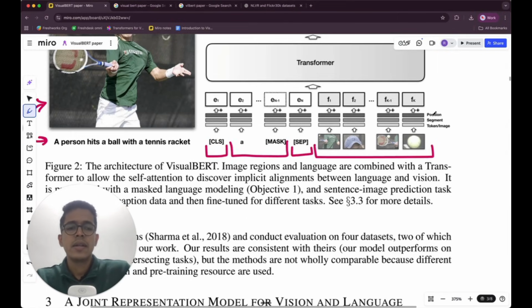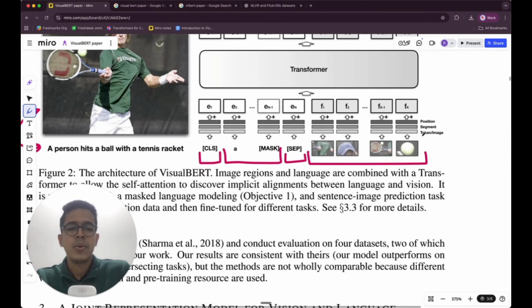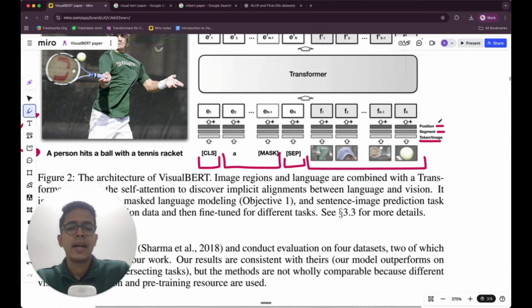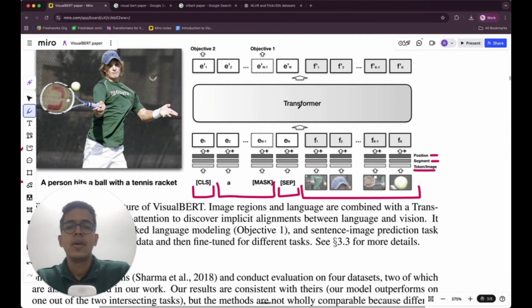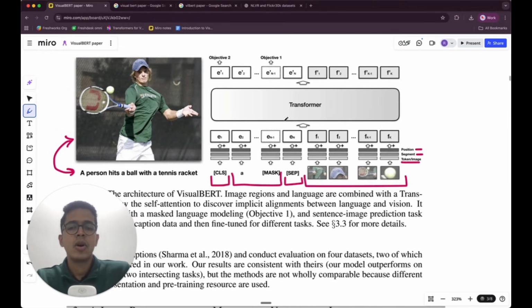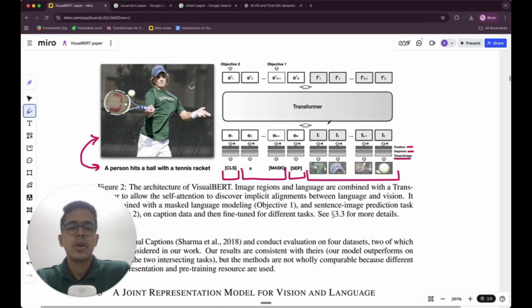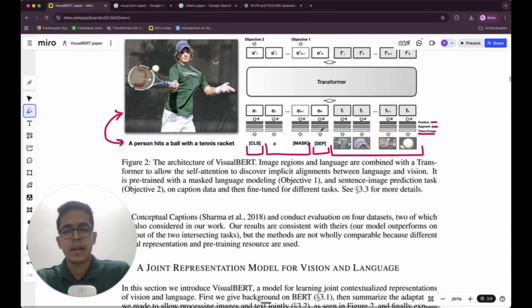Then these tokens are converted into embeddings, then a segment embedding is added, which says whether it's from the image segment or the text segment. Then position embedding is added, and after all of this it is passed into a sequence of transformer blocks. The transformer blocks will convert these tokens into context vectors, and using those context vectors, we can do different tasks, right?